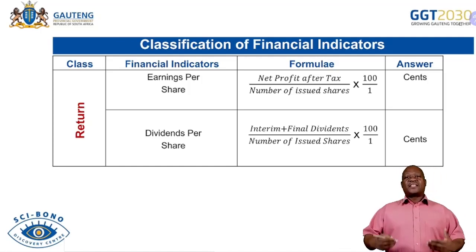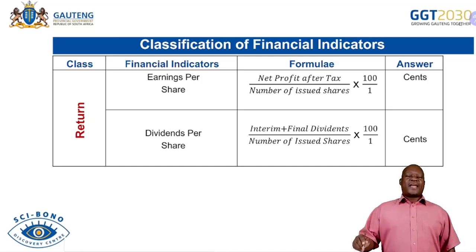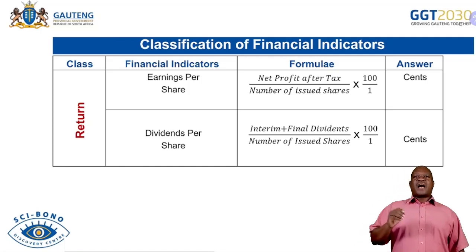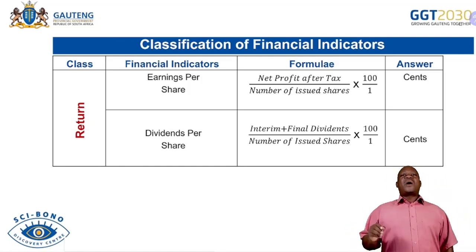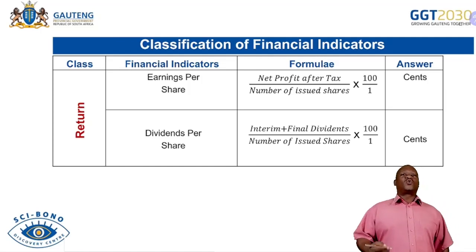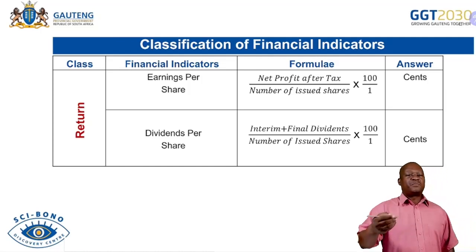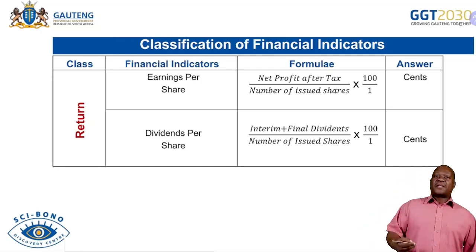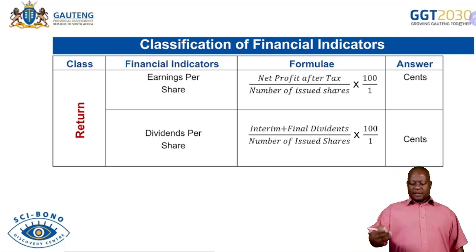Earnings per share is net profit after tax divided by the number of issued shares. So whenever they say per share, you divide by the number of issued shares. And then we multiply by 100, not because we want this answer to be a percentage, but we want to know how many cents are being contributed by every share that is held towards the returns, towards net profit.